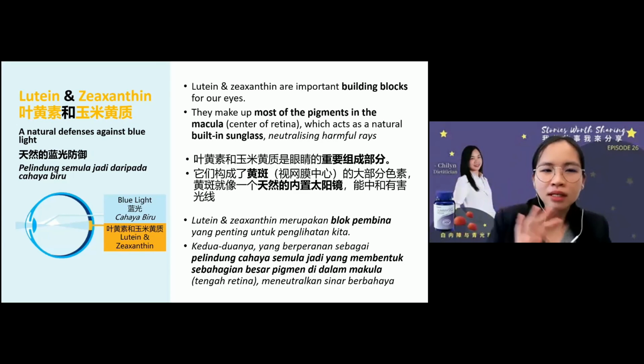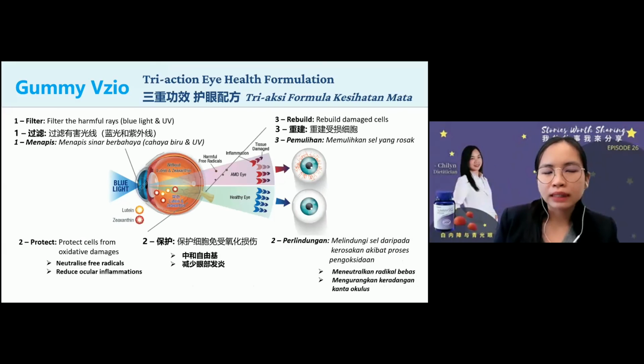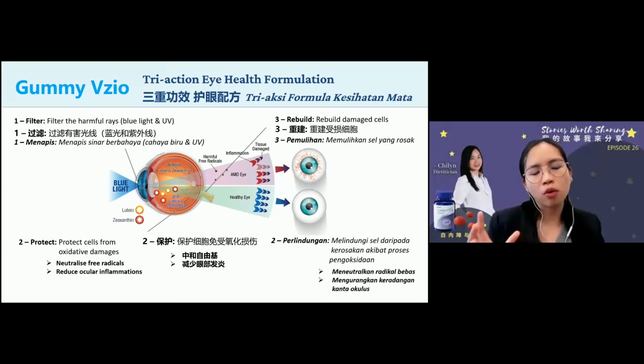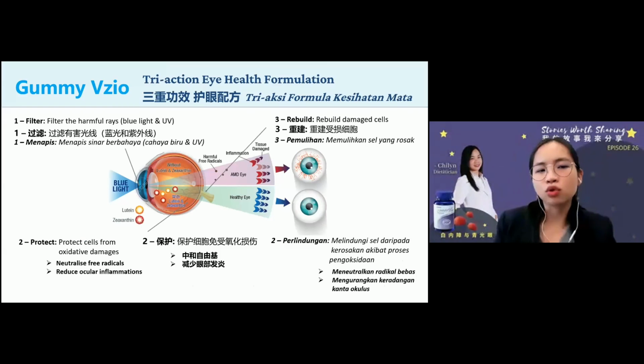Therefore, besides filtering blue light, gummy Visio also helps to protect your eyes from other harmful rays, which includes UV rays. Besides that, it is also a very strong antioxidant, and it can help to reduce or neutralize free radicals. When free radicals are not neutralized, they would go and attack, oxidize, and ruin our cells.